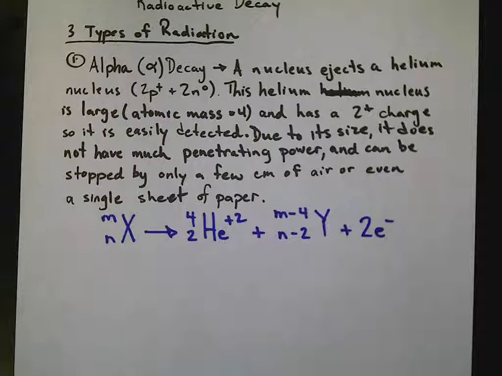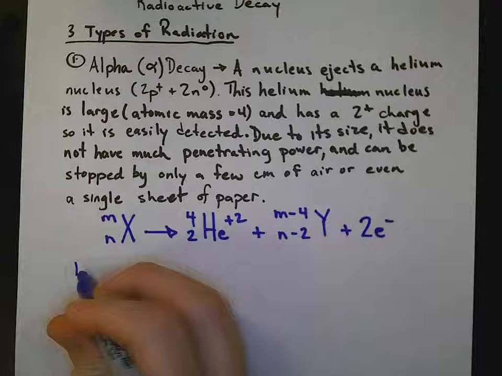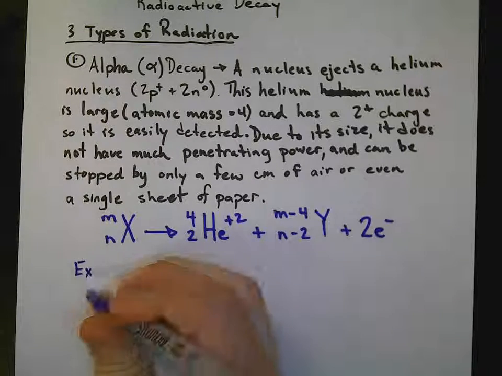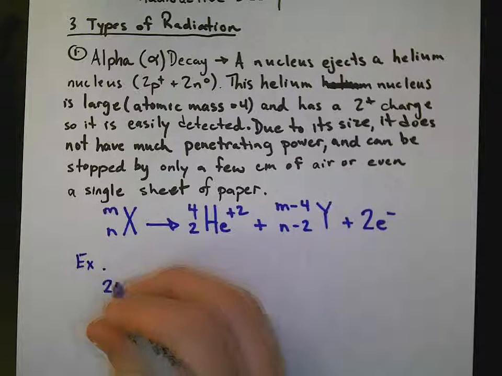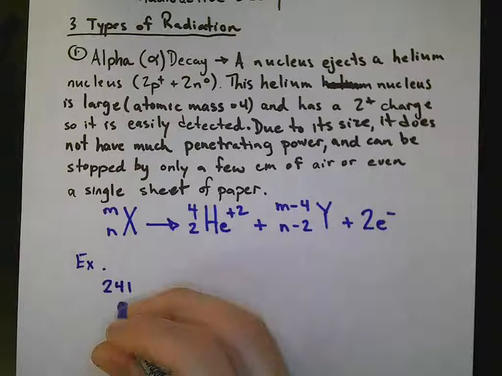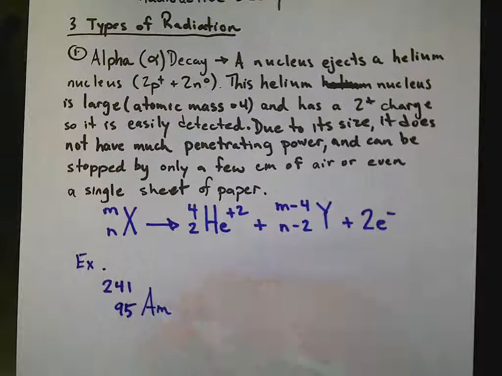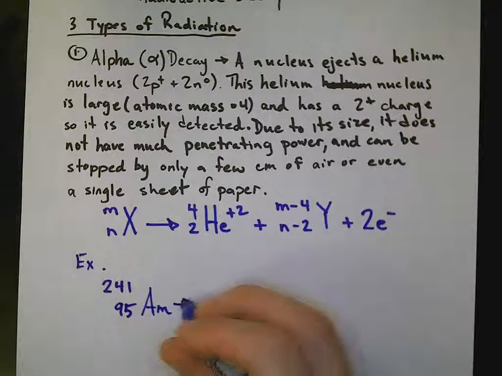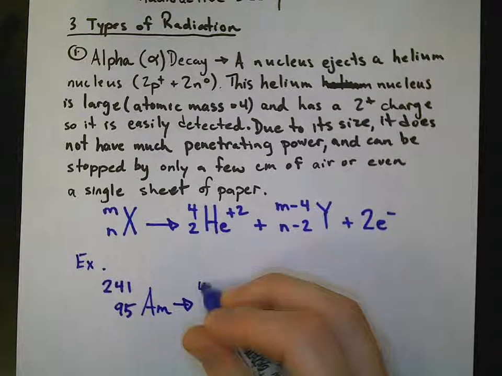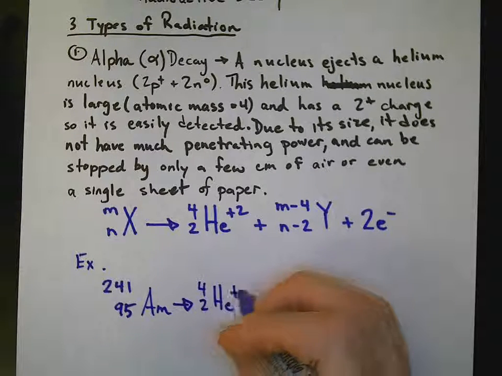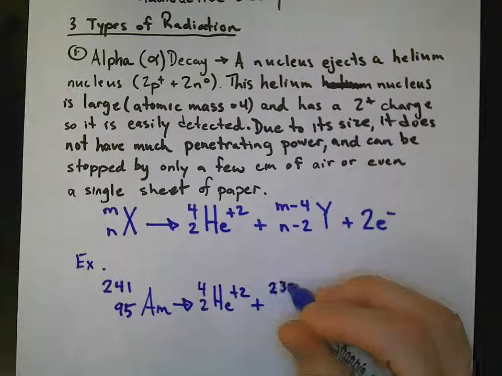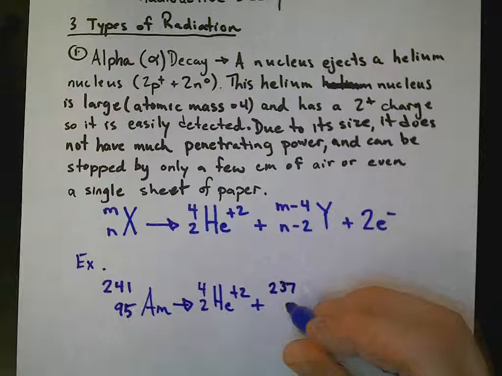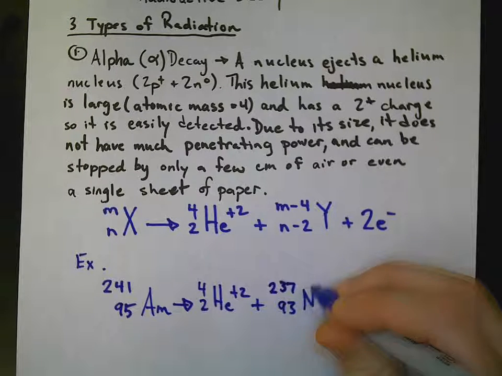An example that we might see in real life is when we have americium-241, which is in our smoke detector, with an atomic number of 95, americium, undergoing alpha decay, will actually give us the following.